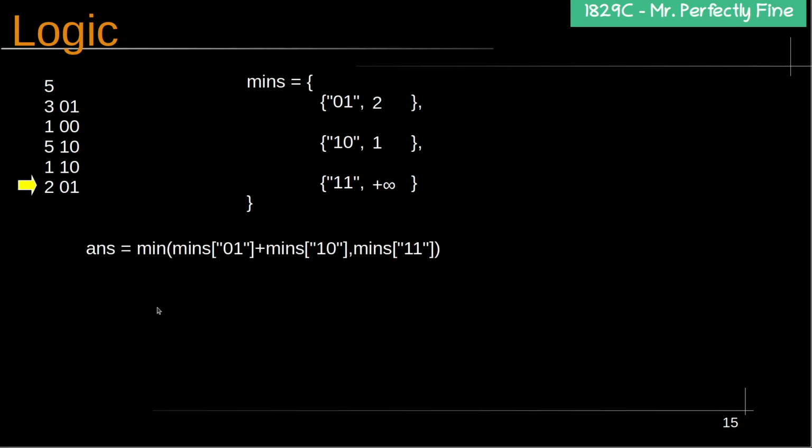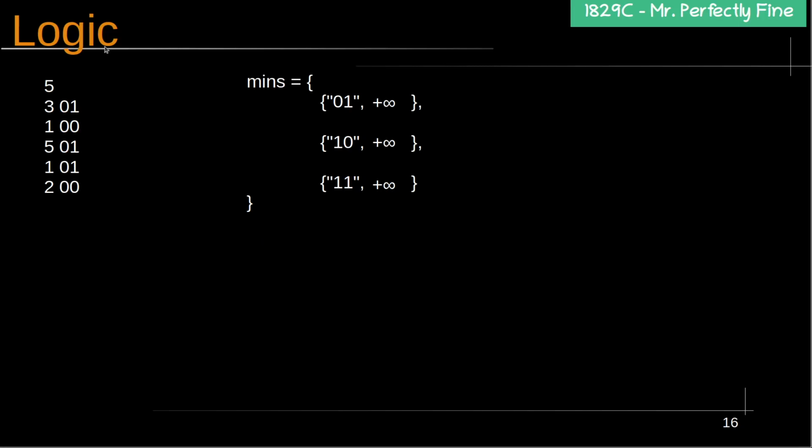So our answer will be the minimum to acquire the skill 0 1, plus the minimum to acquire the skill 1 0, and the minimum between this sum and the minimum to acquire the skill 1 1. So we have 2 plus 1 plus infinity. So we have 3 here in this case.